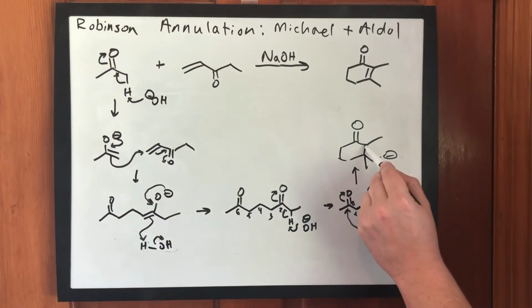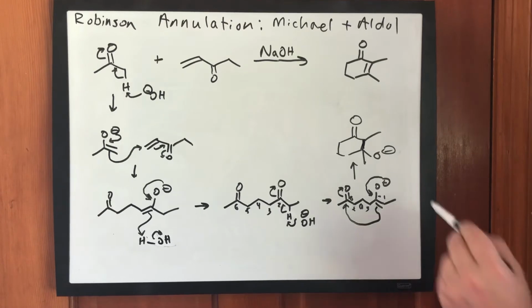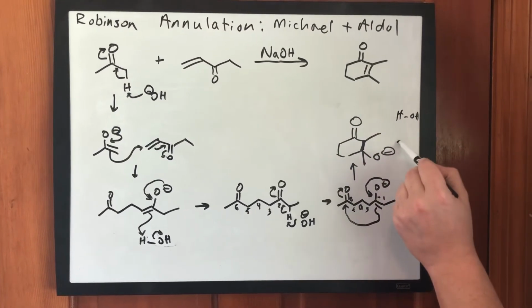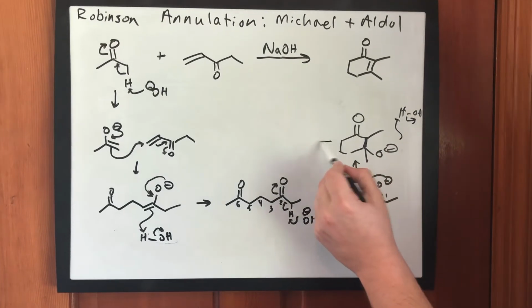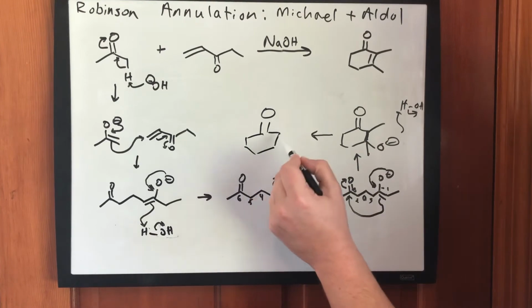And so this bond is the one that we formed in this intramolecular aldol reaction. This alkoxide that we formed will protonate with water. That will give me what looks like a normal aldol product.